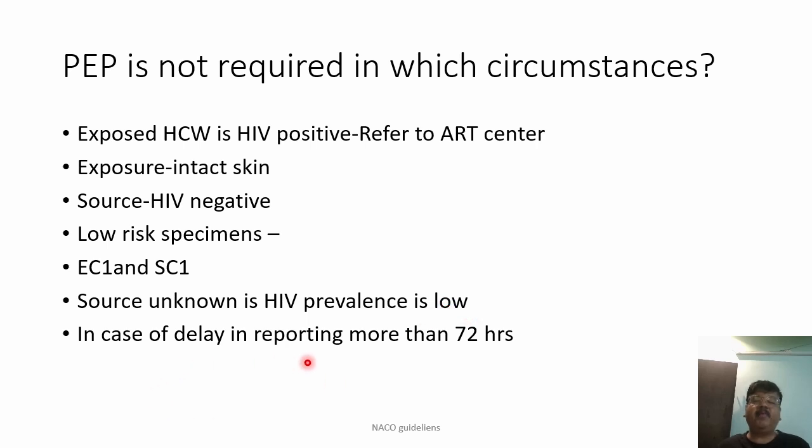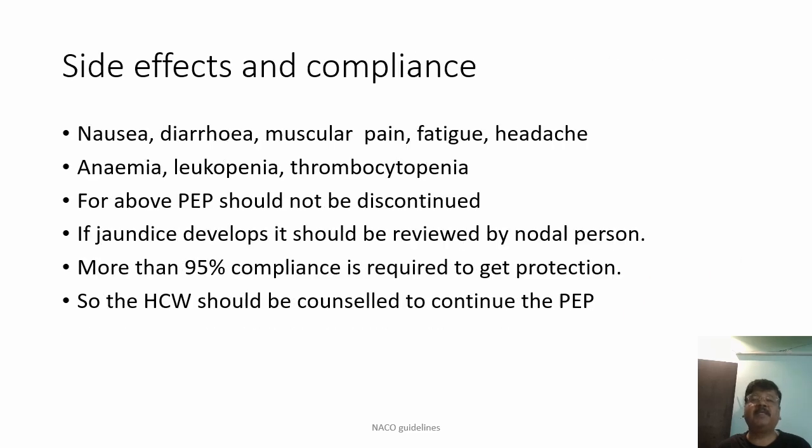In case of delay in reporting of more than 72 hours, as I already told you, it is the responsibility of healthcare workers to report immediately to the nodal officer in that institute. If it crosses 72 hours, there is no use of giving any post-exposure prophylaxis.